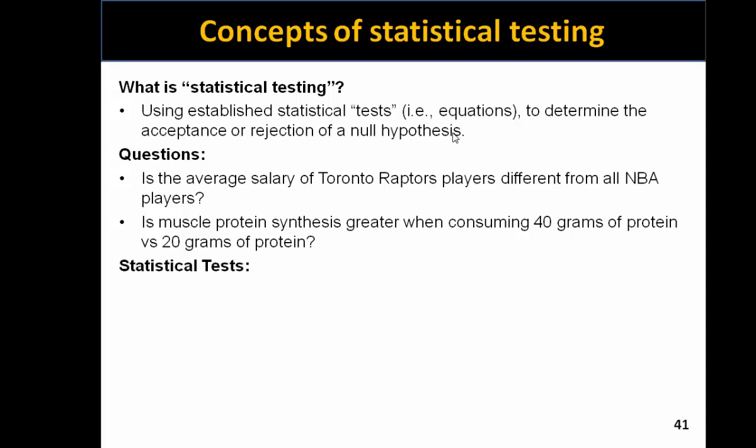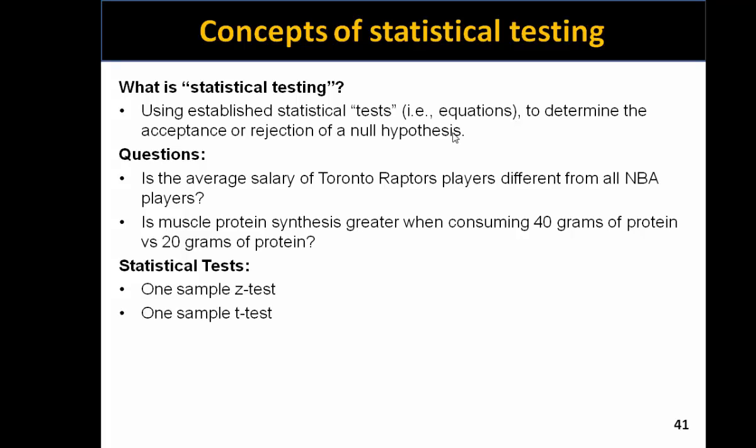And throughout the course, we'll address a number of statistical tests. We'll examine what's called the one-sample z-test. This is a set of calculations and equations that will generate a final answer that we will then use to decide if we're going to reject or accept the null hypothesis.